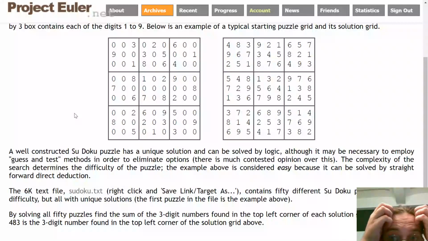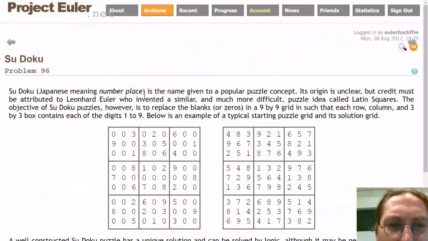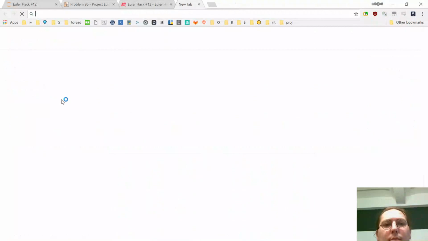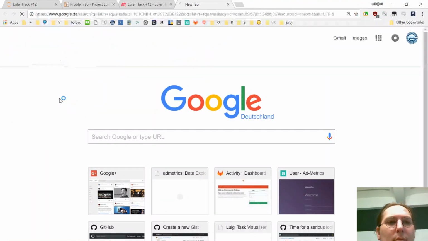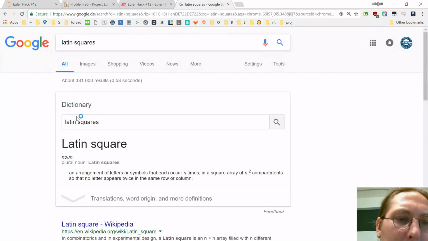So Euler invented the similar one? Interesting. Yeah, Euler invented the Latin squares. That's a super difficult one. I don't even know the details on it. Complexity of solution.